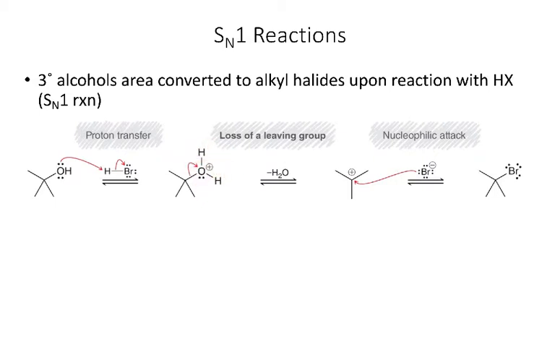And then, because it's tertiary, this will proceed by an SN1 mechanism. So we'll lose the water as a leaving group. It'll convert into a carbocation, and then I'll get the nucleophilic attack of the bromide ion. In this case, we could do this with chloride or iodide as well.